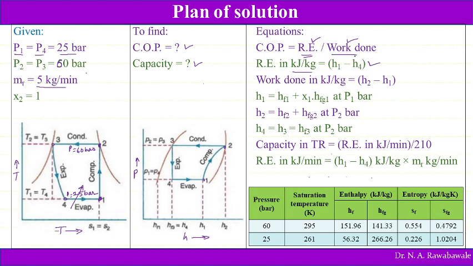Then work is done in the compressor from 1 to 2, so the enthalpy difference H2 minus H1 gives the work done in kilojoules per kg.